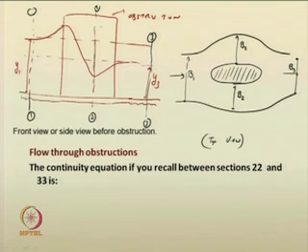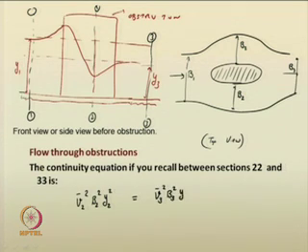Between sections 2-2 and 3-3, we derived the continuity equation as V2 B2 Y2 equal to V3 B3 Y3. We had stopped at this location, so today let us continue the same aspect.